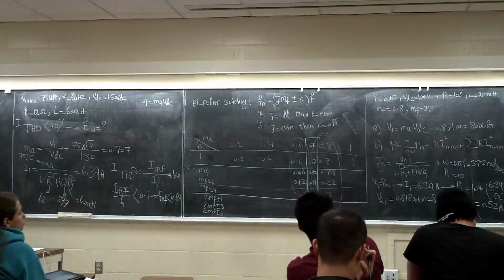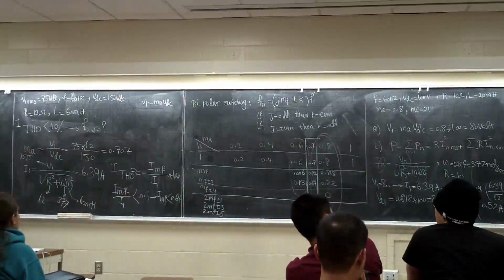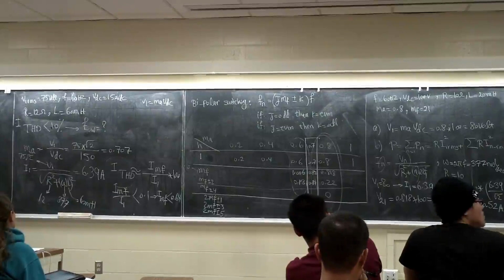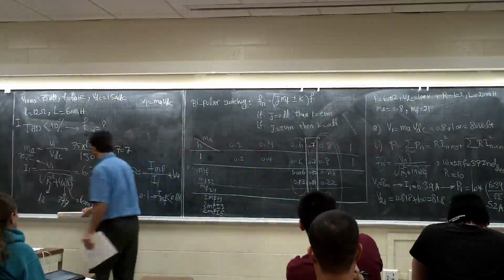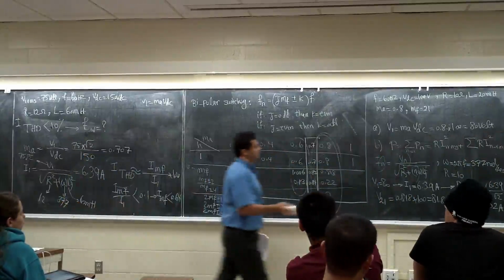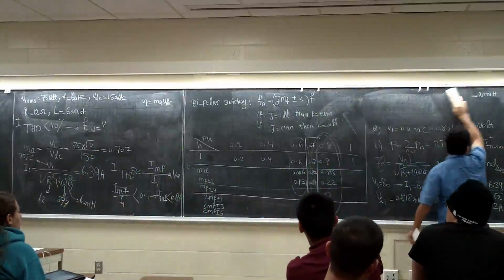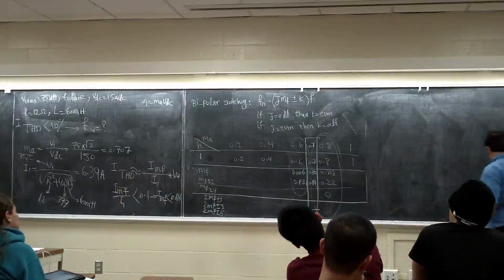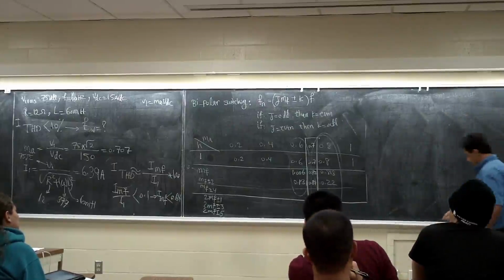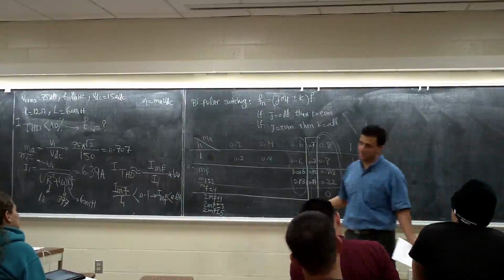Now, I'm going to go back to VMF. How much is the VMF? Can somebody tell me? See, I'm using MF because I don't know what the MF is, right?